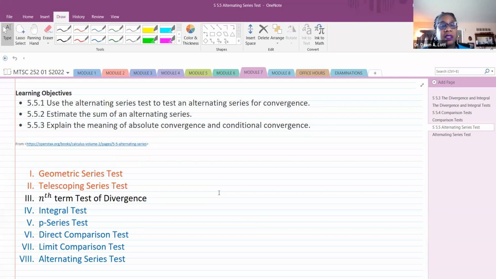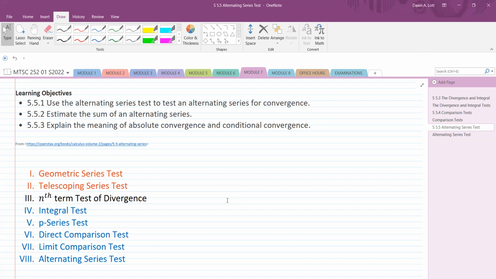Okay, which of these tests do I use to make my series smaller than a convergent series or bigger than a divergent series? Would that be the direct comparison?